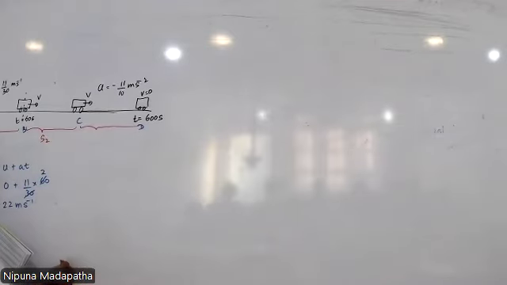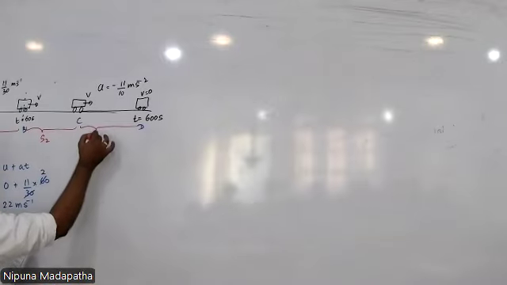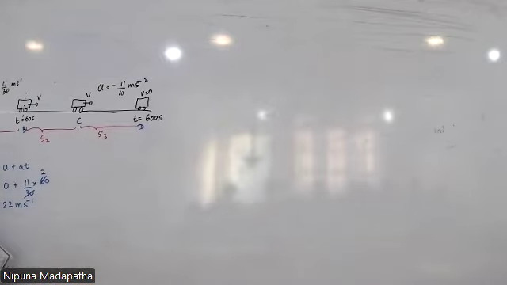The displacement when the body decelerates is S3. So the total displacement is the sum of these three displacements. Since we know all the kinematic quantities other than the displacement for the acceleration period, you can find this S1 value.